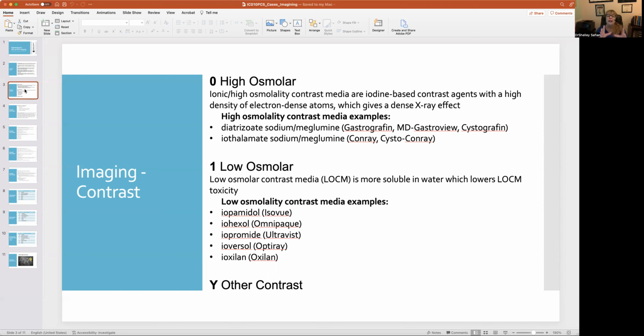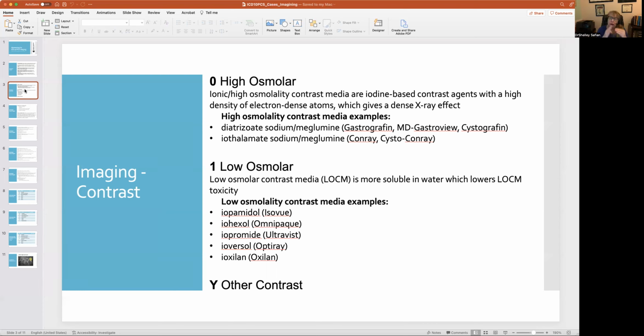All right, well, in PCS, you not only have to know with contrast, just contrast, you have to know the specific media, the specific type of contrast material that was used. So it's not enough to know with contrast.